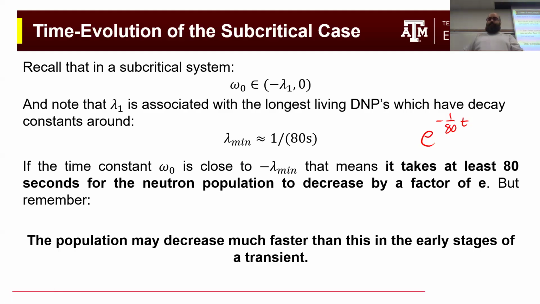That's a good way to do a hand calculation, but keep in mind that omega zero isn't the only exponential in my solution. I'm going to have a bunch of more negative exponentials than omega zero, which would make my population decrease faster at the very beginning as those more negative exponentials decay away.